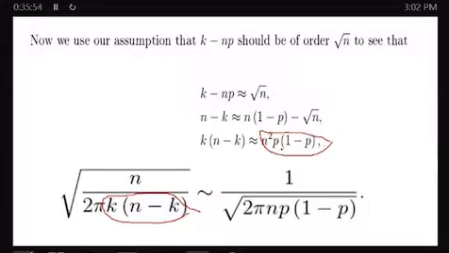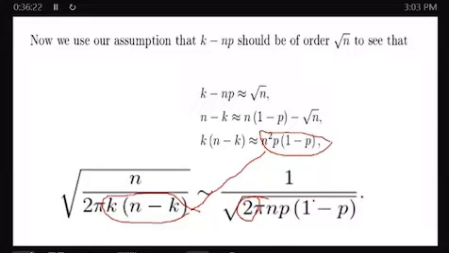By the time this guy comes in, I'm going to have 2 pi, and there is n squared p times 1 minus p. By the time you plug that in, you're going to have this.